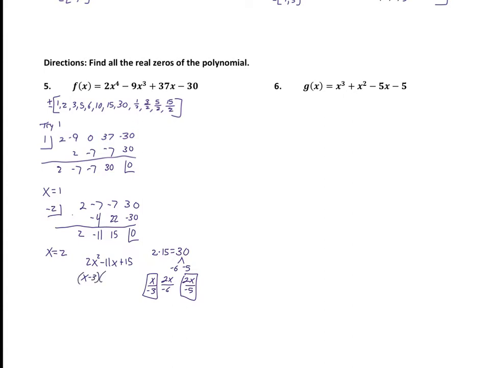So our factors become x minus 3, 2x minus 5. We're going to set those equal to 0 and solve. So that gives us x equals 3 and x equals 5 over 2. And then we had our previous ones, x equals 1, x equals negative 2, I forgot the negative sign there, and we should have 3 and then 5 halves.